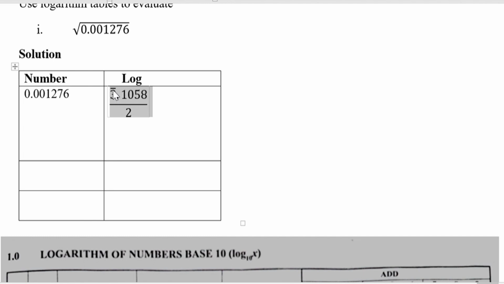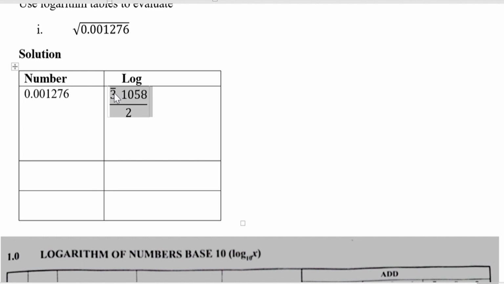That's why we have this bar on top here. We cannot divide it in the state it is unless this number, the characteristic, is a multiple of 2. Now that we know 3 cannot be divided by 2, we have to borrow something from here so that we make it a number divisible by 2.